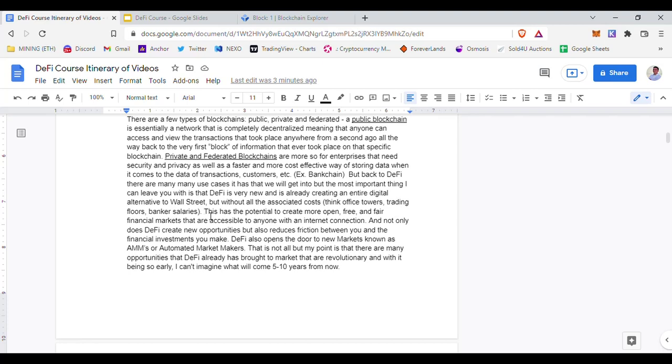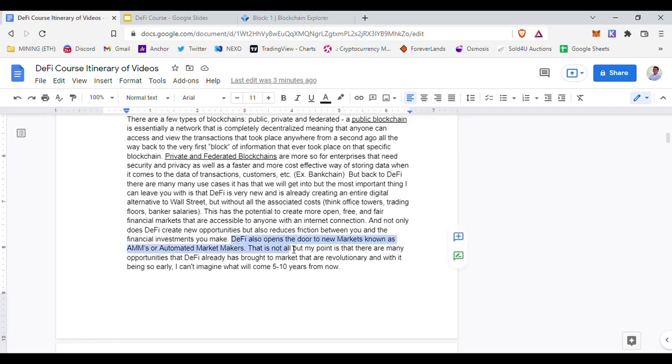And so this has the potential to create more open, free, and fair financial markets that are accessible to anyone with an internet connection. Not only does DeFi create new opportunities, but it also reduces friction between you and the financial investments you make, because there is no intermediary. It is decentralized and peer-to-peer, from you to me.